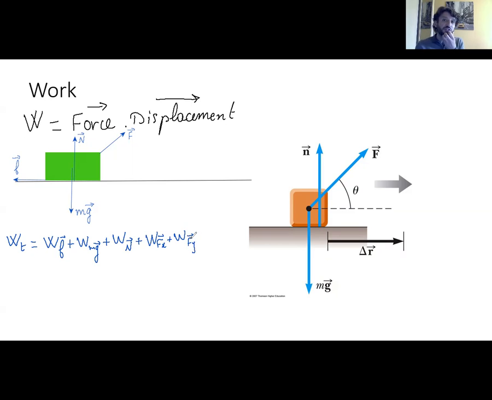Even mg, if mg has two components, you write omega mgx plus omega mgy. Let's draw. The line of motion is to the right, so here we have Fx and Fy.